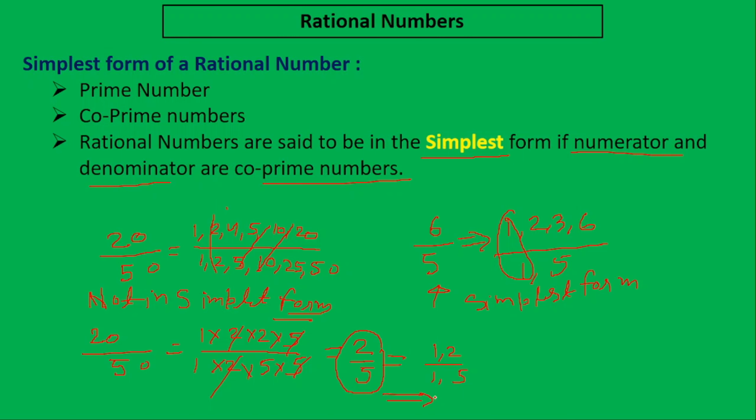Hence this is in its simplest form. When common factors are not there, only then can we say that this is in simplest form. Easy to understand, but you need to remember these things by practicing.